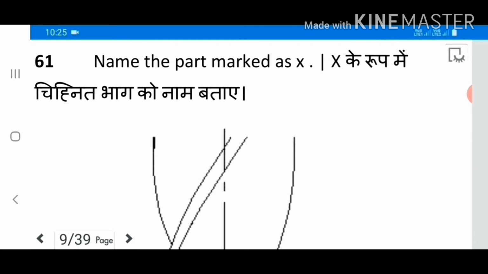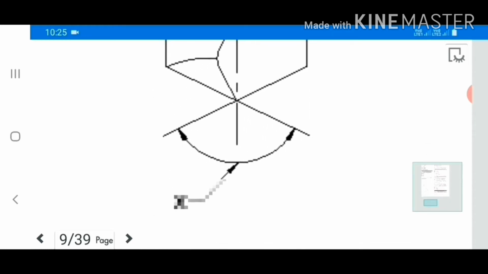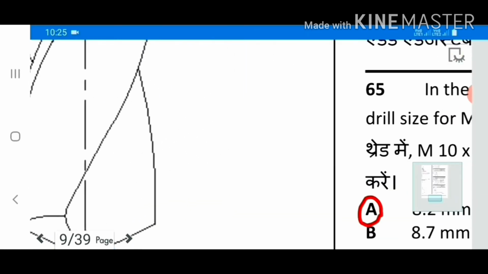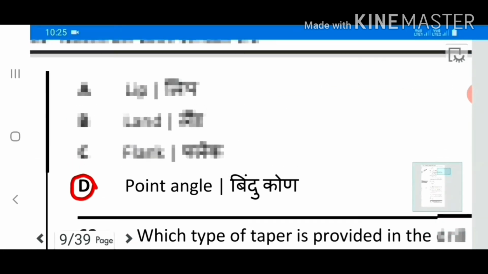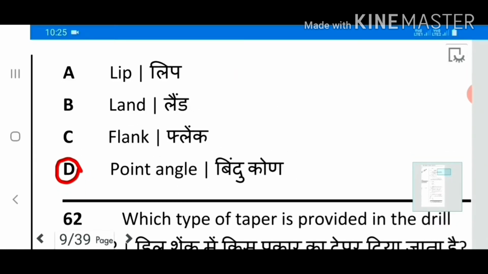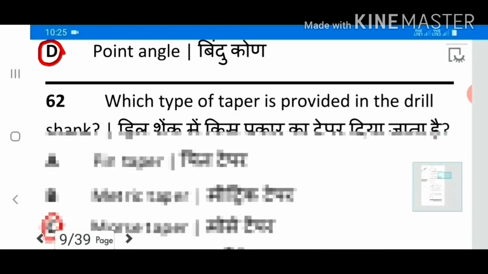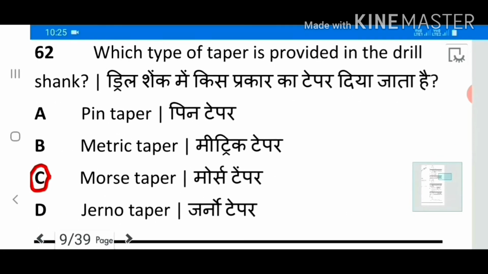Name the part marked as X. Answer D. Point angle. 62. Which type of taper is provided in the drill shank? Answer C. Morse taper.